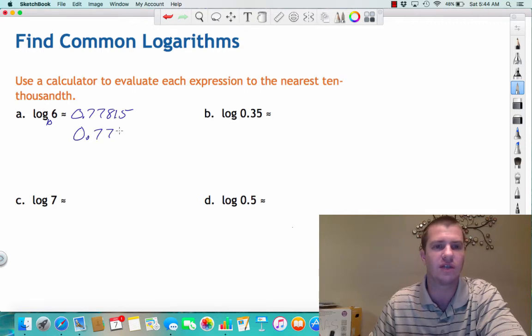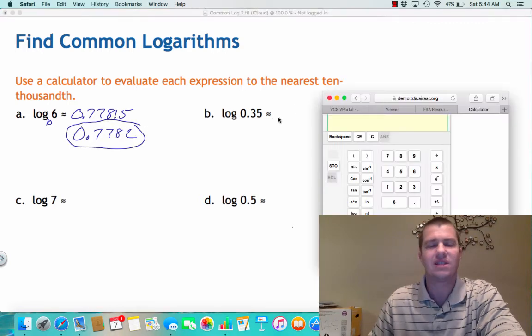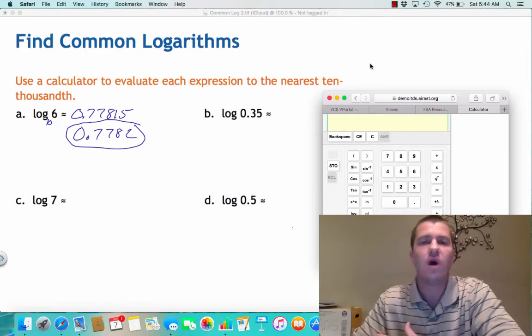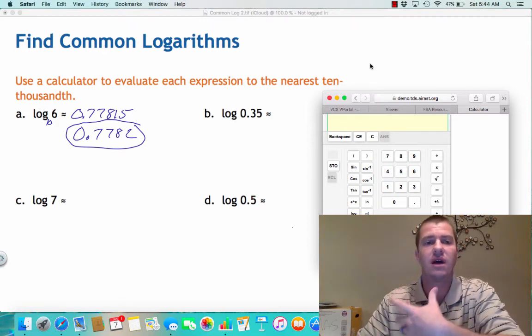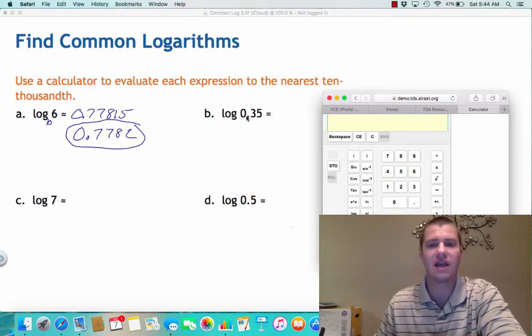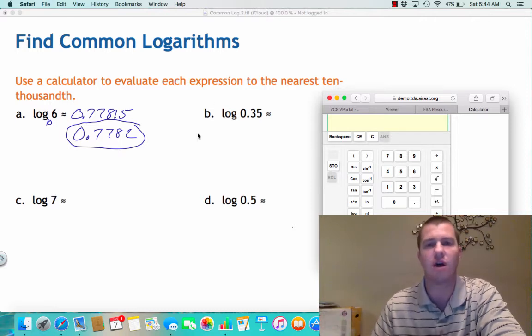so I have 0.7782. Some calculators, you have to press the number first, so in this second case, you'd press 0.35 first, and then press the log, and that will take the log of that number. And some calculators, you press the log first and then the 0.35.